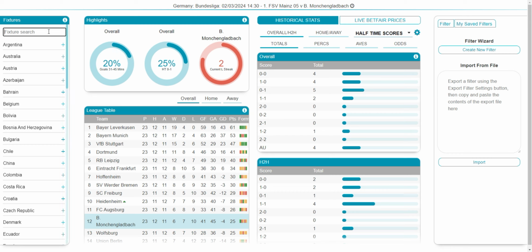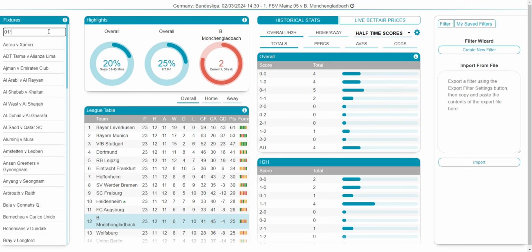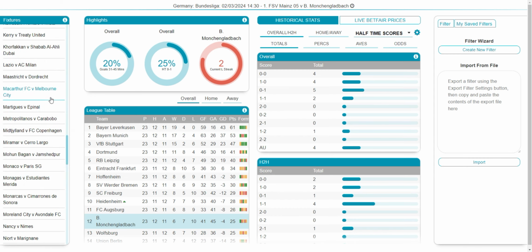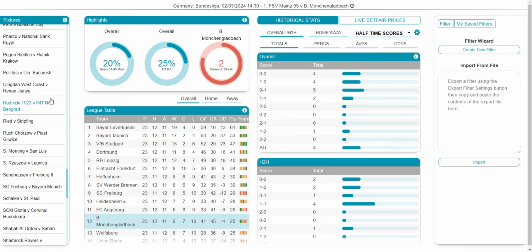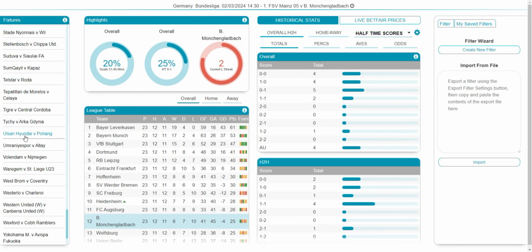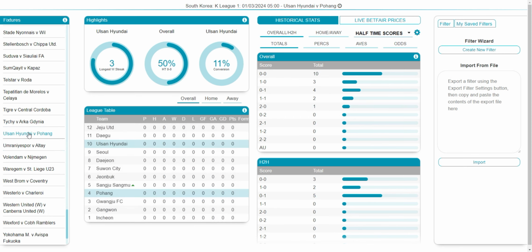So today is the 1st of March, so I'm just going to put 1st 03. And as you can see, instantly, all of the fixtures come up for that day. So we're going to scroll down to Ulsan Hyundai. And here it is. I'm just going to click the game, Ulsan versus Pohang.